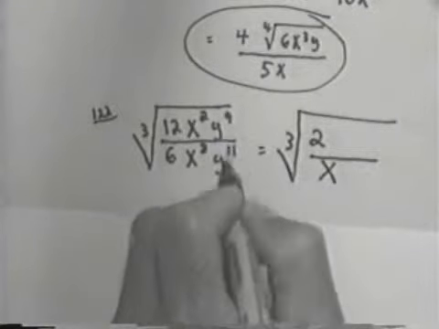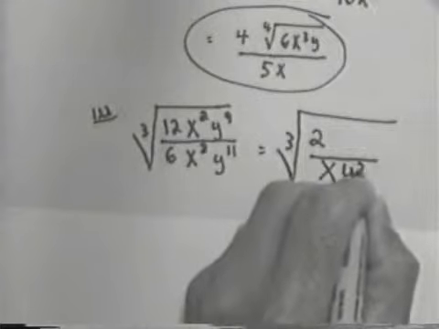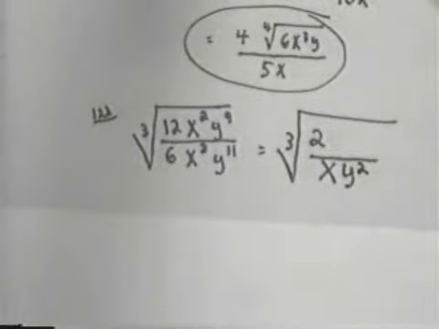I've got y to the 9th over y to the 11th, so that's going to be y squared. So we would have the cube root of 2 over xy squared once I reduce it. So always reduce inside the radical before you start your work.